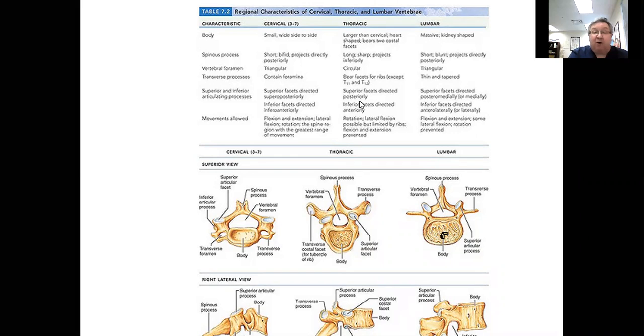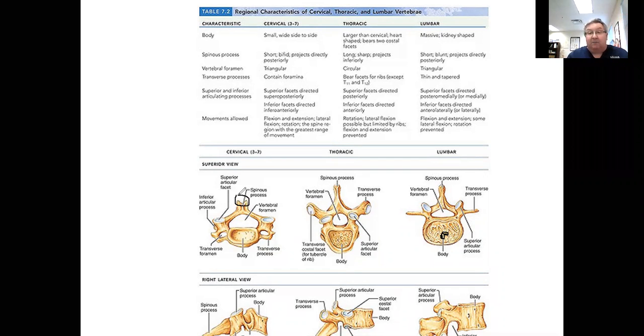The spinous processes are also different. On the cervical vertebra, there are spinous processes that are bifid. It has two parts. The thoracic and lumbar vertebra do not have that. The thoracic vertebra's spinous process is long and angled downwards.